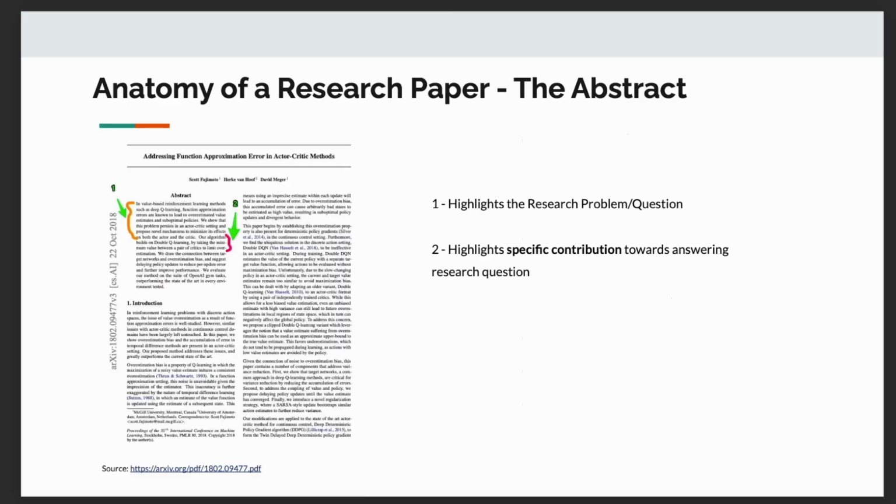So I've just described what an abstract is. Let's look at a couple of examples and see how an abstract is actually written. This is an example of a reinforcement learning paper, and I've highlighted two sections of the abstract.